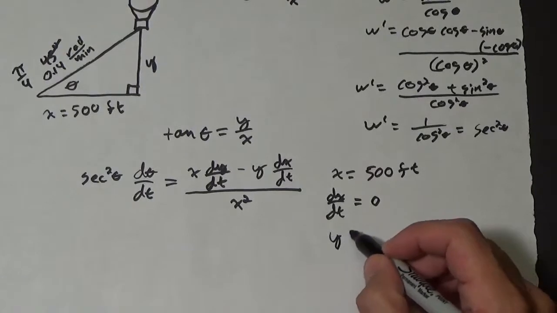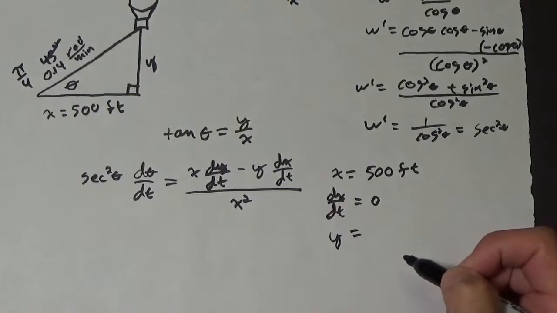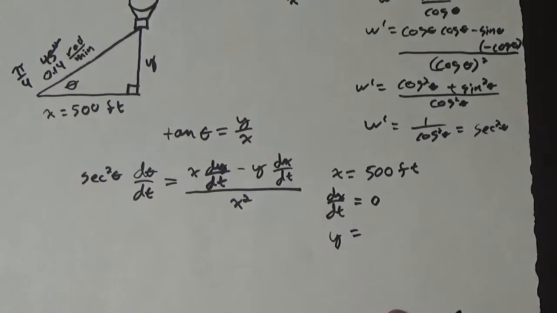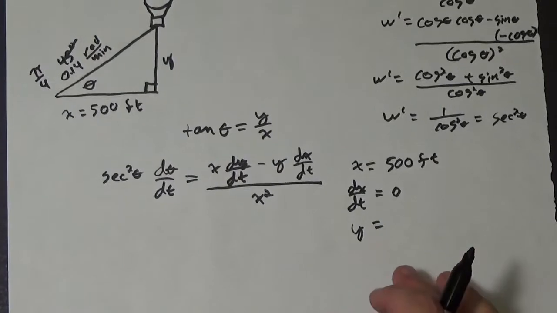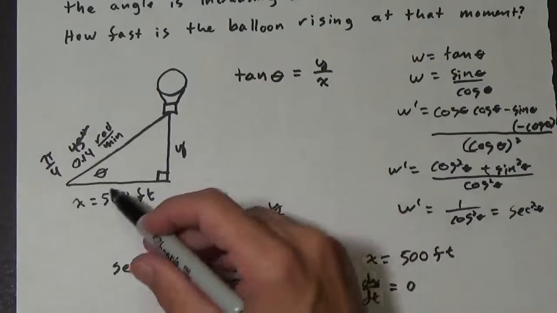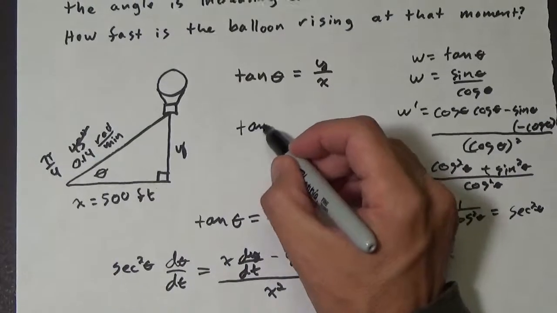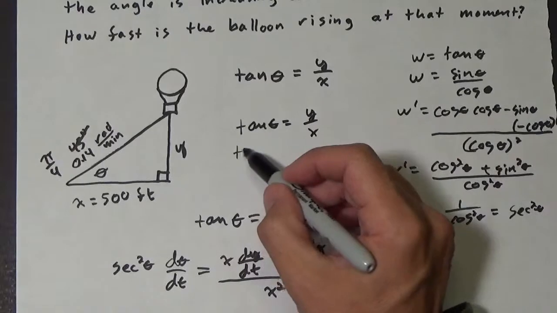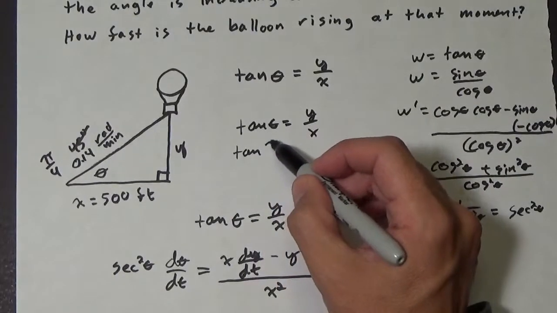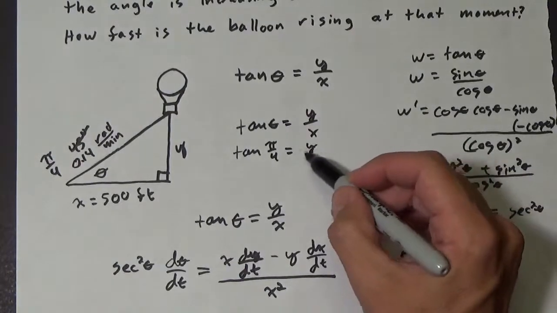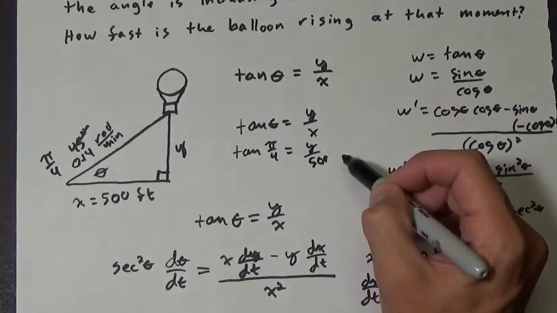Let's see, y. Right now we do not have y. Well, let's go ahead and find y. We know that the tangent of theta is y over x. So the tangent of pi over 4 is y over 500.